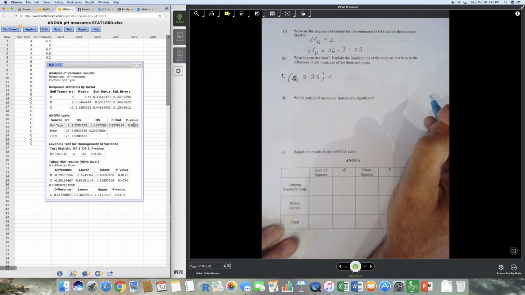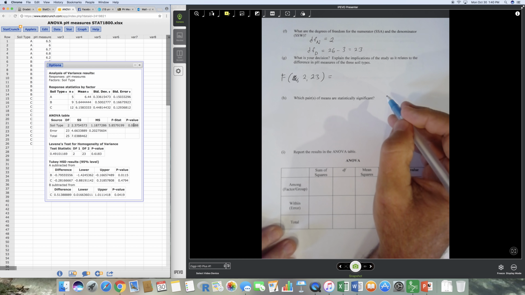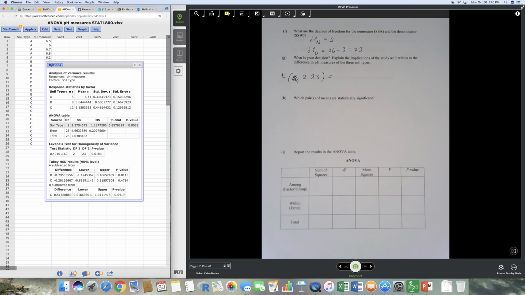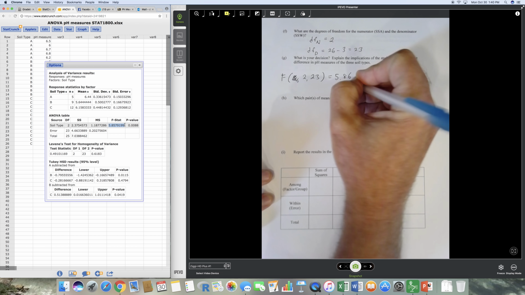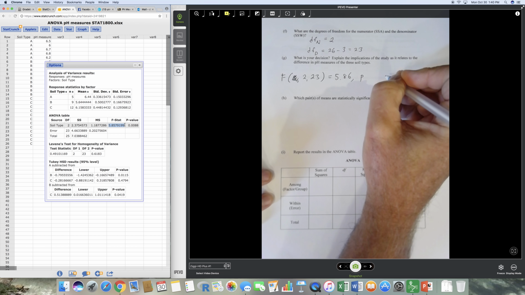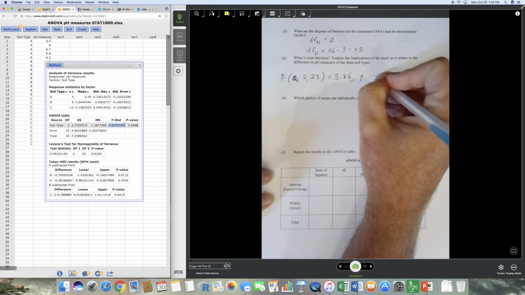Let's see, I lose my mind sometimes. Then the F statistic is 5.87. Let me highlight that and show you where the F statistic is. So it's 5.86. And then this p-value would be reported as less than 0.01.